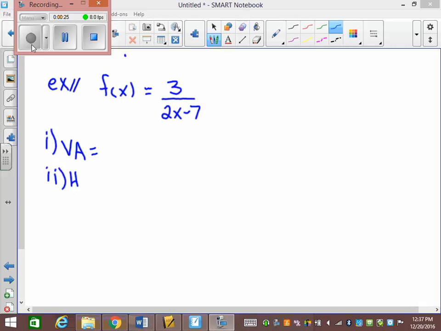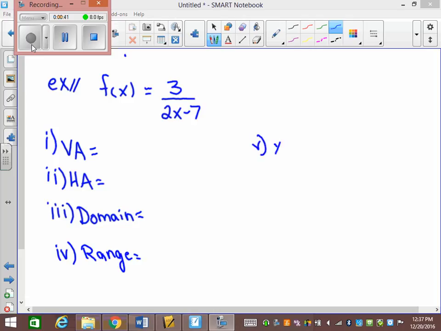Vertical asymptote equals, horizontal asymptote equals, domain, range, x-intercept, y-intercept.